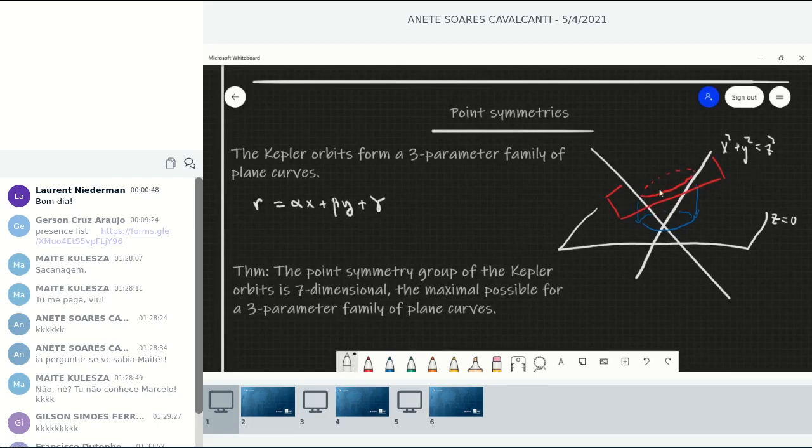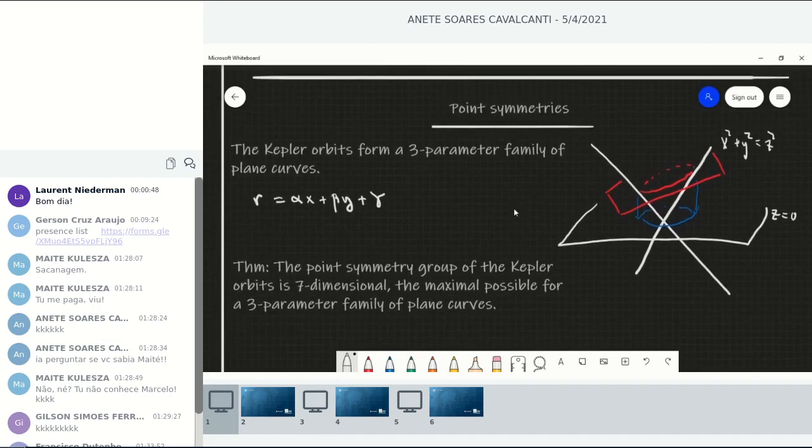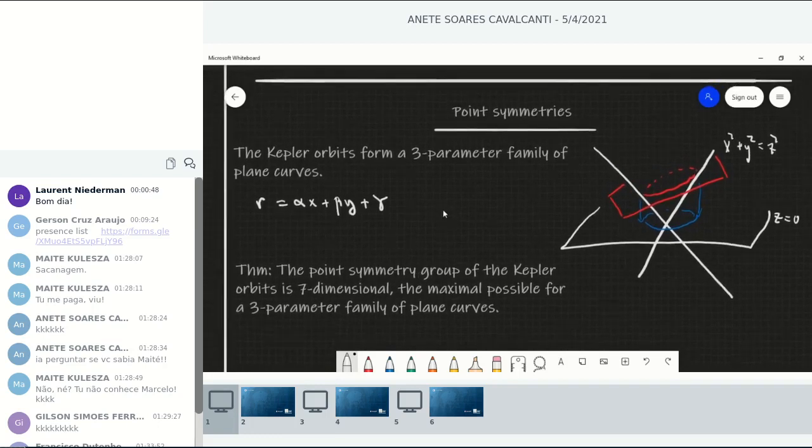The orthogonal projection of such a conic section is a Kepler orbit with focus at the origin.